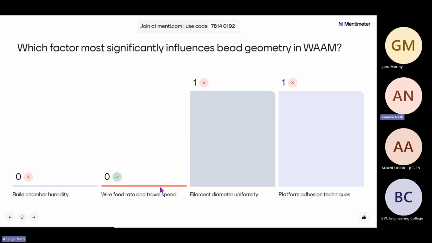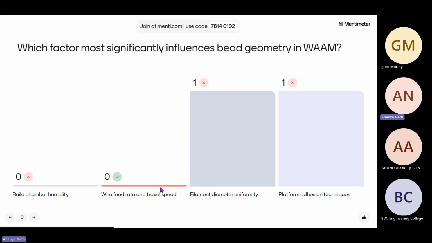Filament diameter uniformity is like, when you're using the wire, it's the standard wire, so filament diameter will not be that helpful, because it will be uniform only.